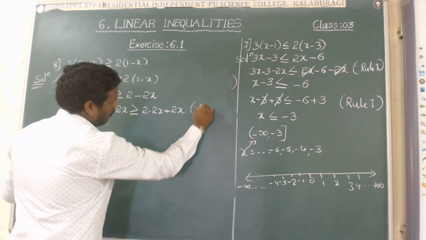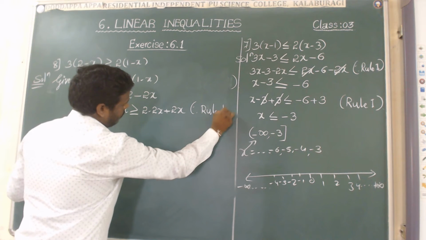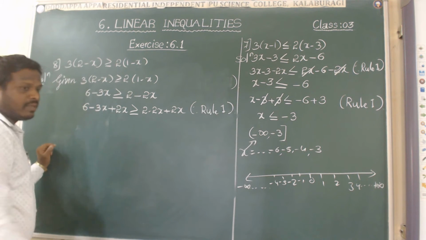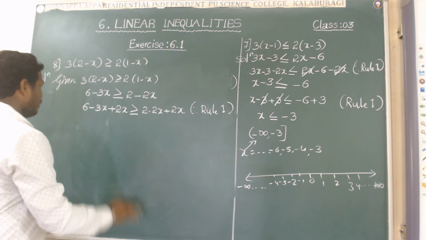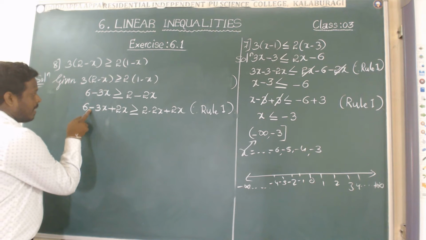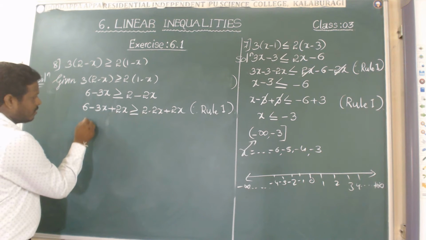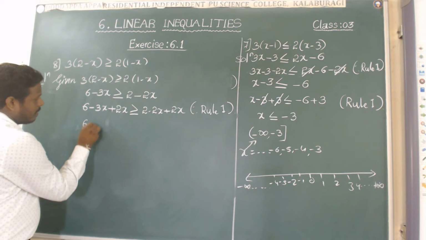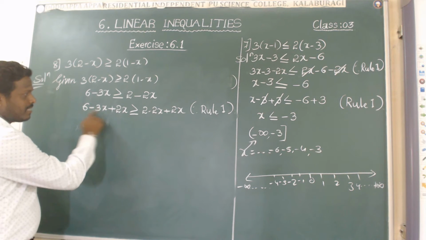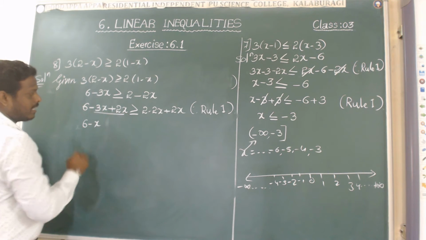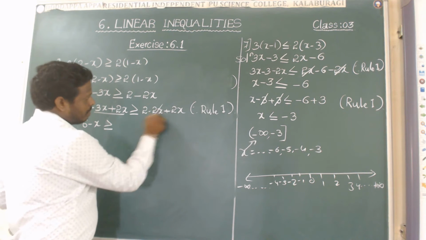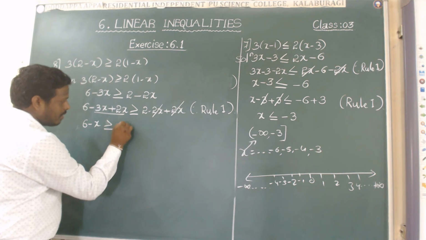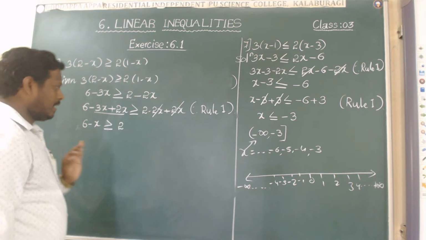In the first rule there is no effect on the sign of the inequality. Now simplify. This is minus 3x, this is plus 2x, so minus x is left here. On the right, these two are like terms: minus 2x plus 2x becomes 0, so 2 is left here.